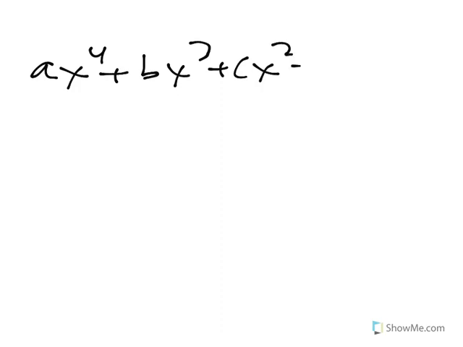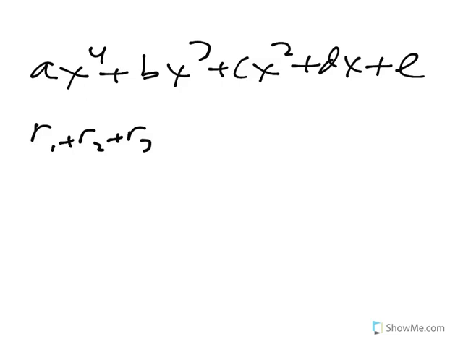Now the pattern continues even for 4th degrees. So in this case, the sum of the roots will be, again, negative b over a.